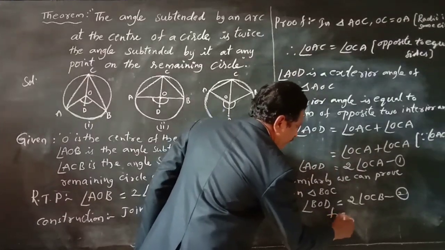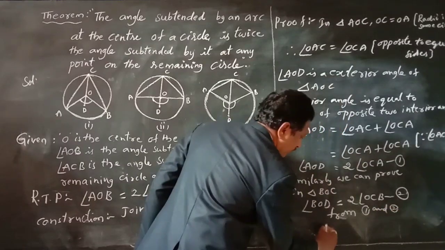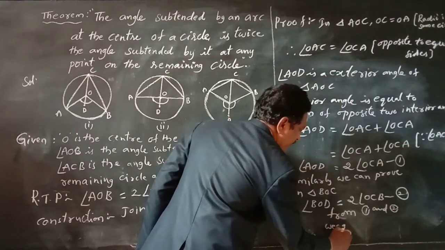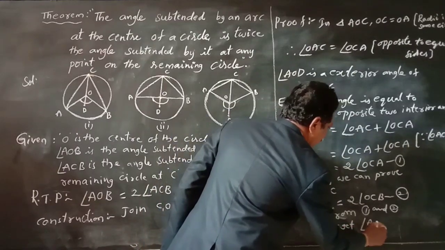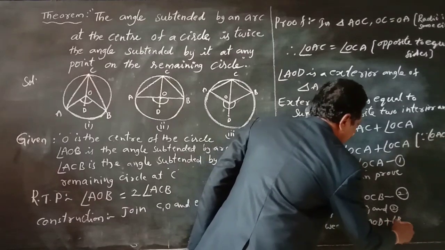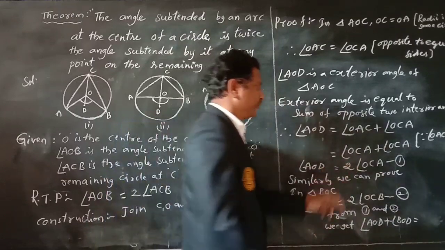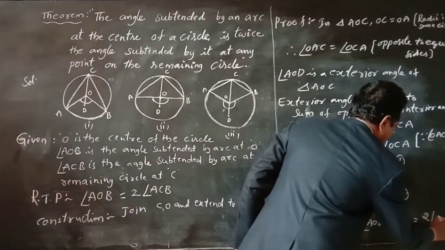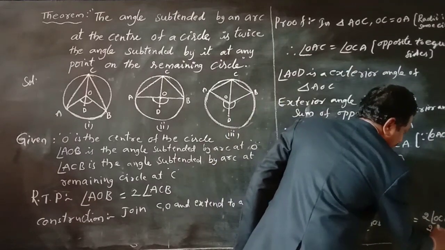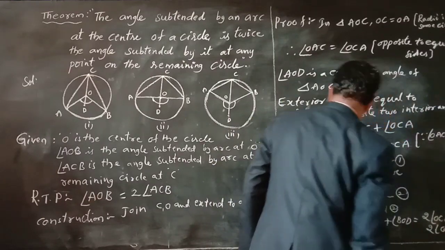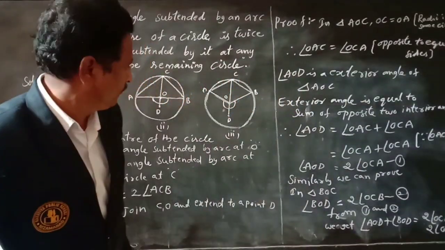From 1 and 2 we get angle AOD plus angle BOD is equal to 2 angle OCA plus 2 angle OCB.